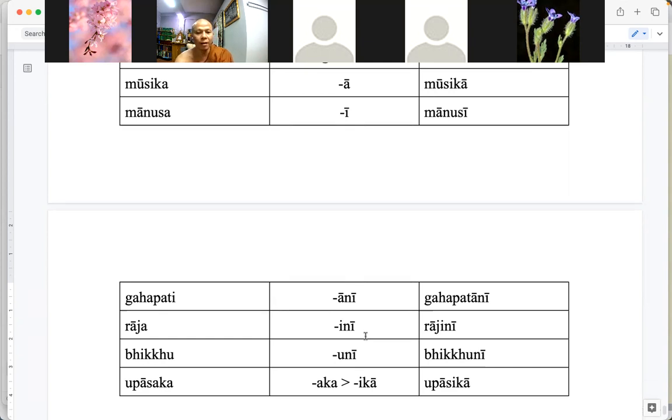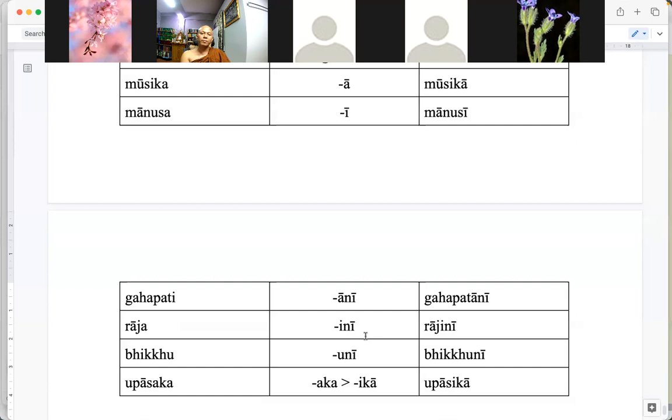So it means that in here, Bante, it is Gahapati, and it's also another, it is Matula. It means that ending with A is also changed to Ani as well. Right. Not just only E. Yeah. And the second point, Bante, is when we change from masculine gender ending with R, we also change into feminine.